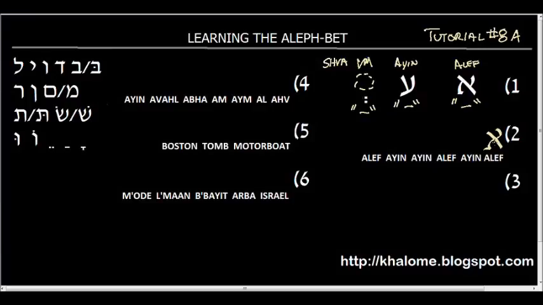Now actually you might see it both ways. You might see it curled inward or curled outward. The Ayin, to me, looks like an English Y, but we're going to make it something like that. You might also see the Aleph a little bit more fancy, with these little decorations up at the top.